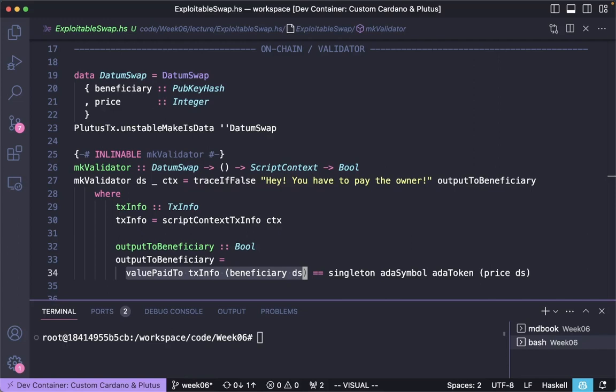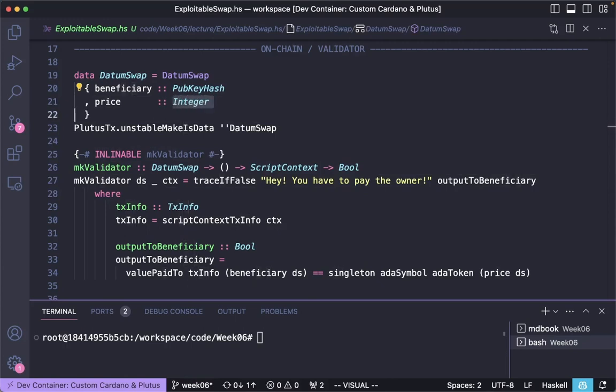In this case, we are checking between all the outputs of the transaction how much is paid to this public key hash, the beneficiary. And we ask that this has to be equal to the amount of ADA contained in the price of the datum. So this integer here represents the price in ADA.